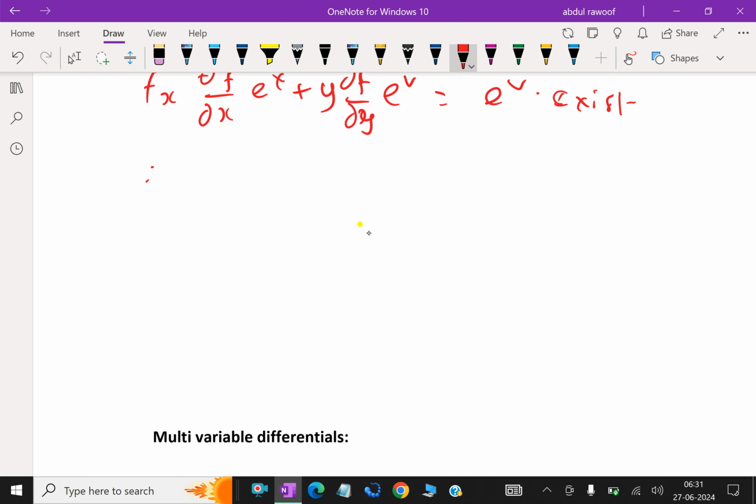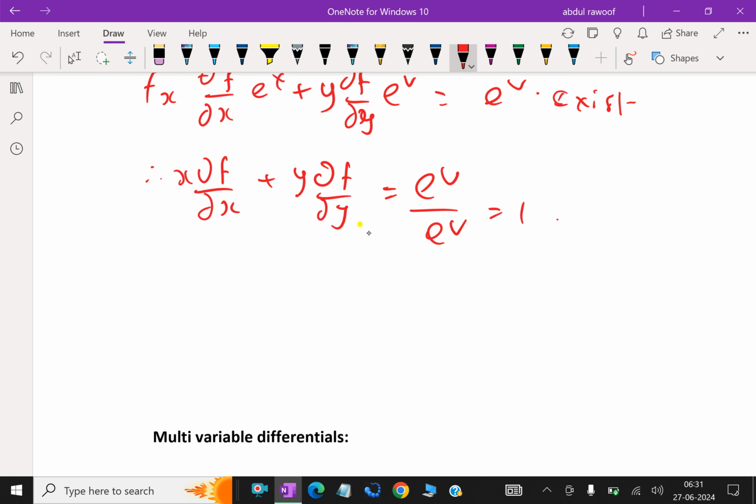Therefore, we can say x dou f by dou x plus y dou f by dou y equals e power u over e power u, which equals 1, hence proved. That means we proved that x dou f by dou x plus y dou f by dou y equals e power u over e power u, which is 1, hence we proved.